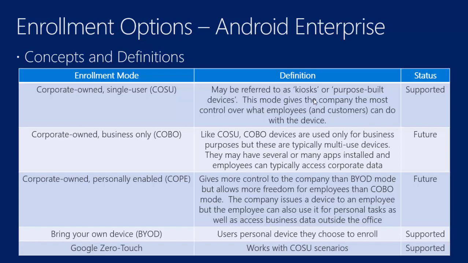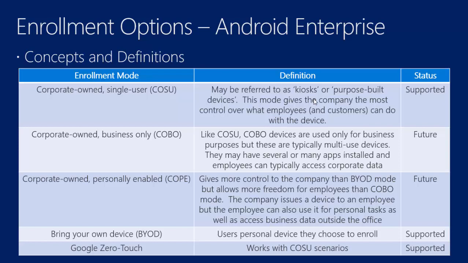And then these 2 in between, COBO and COPE, are stages toward that user freedom that still allows corporate to have control. As we do this recording, these 2 are not supported in Intune. There are future plans to support those in Intune. I know work is continuing on that, but right now it's not something Intune supports, though it's an interesting definition to understand.